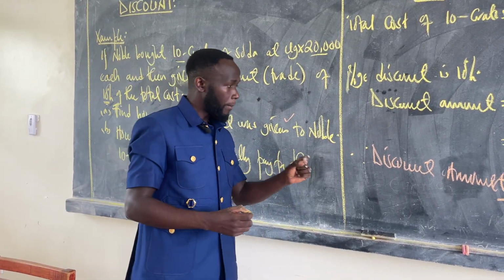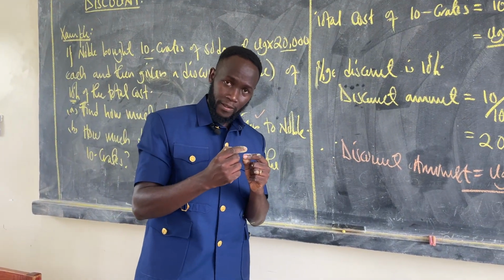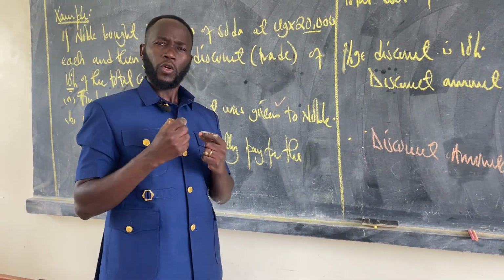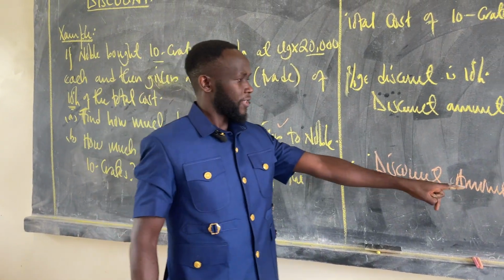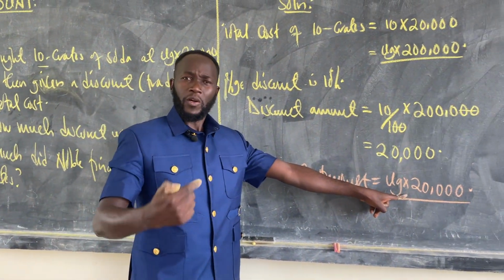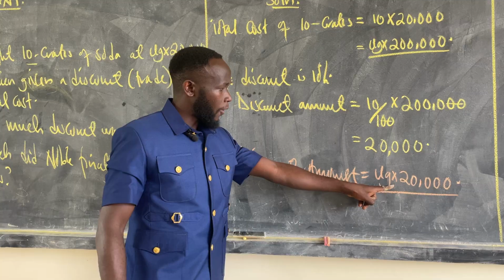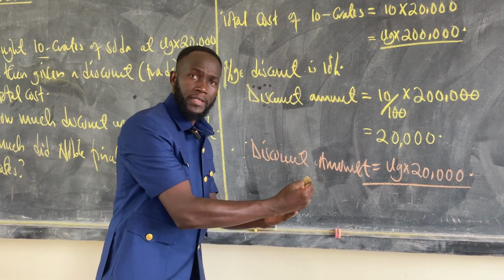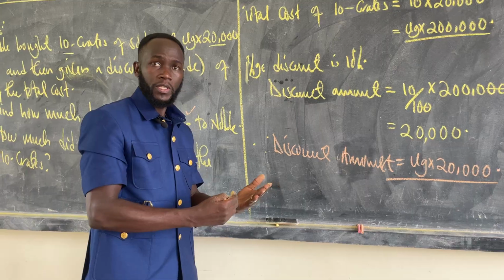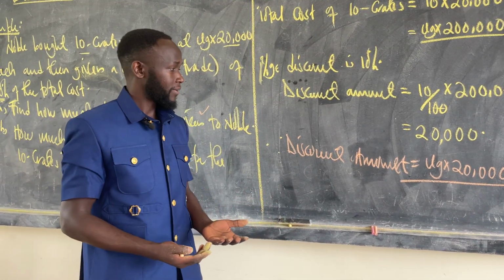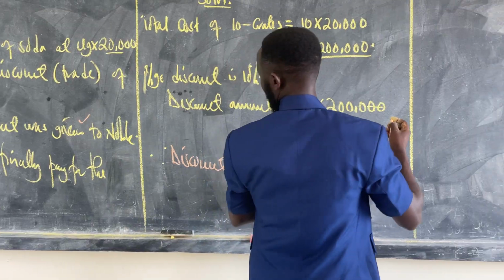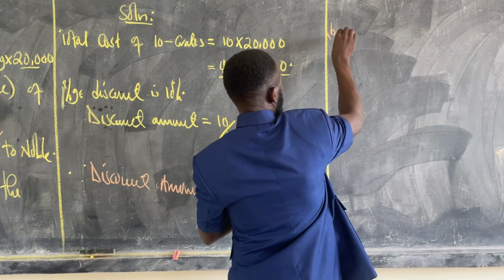Remember, Noble was given a reduction on the total cost that he was supposed to pay, and this was 20,000. Now the question is, after knowing how much was given to Noble as a discount, how much did Noble finally pay for the items? Then you go and answer that part B.